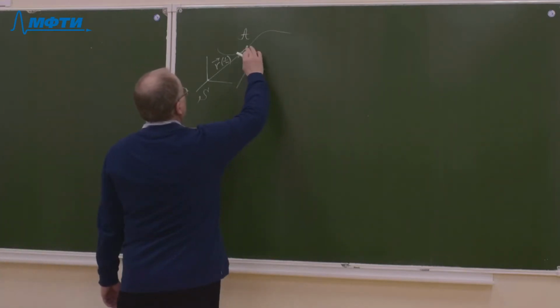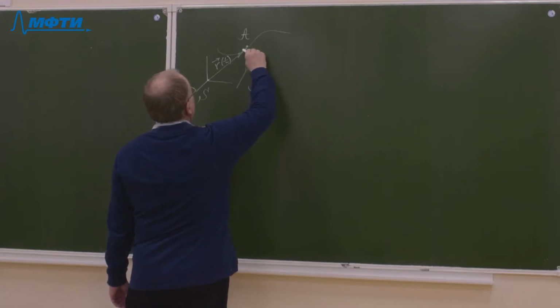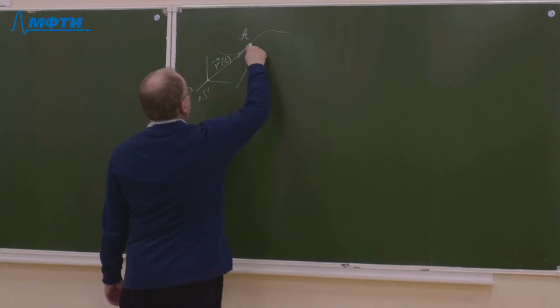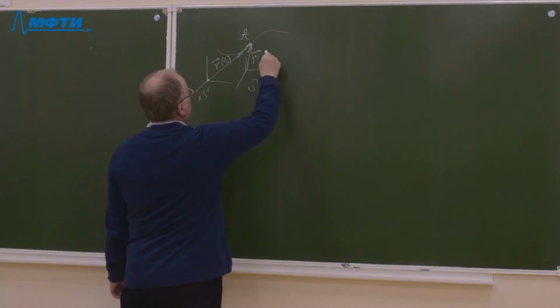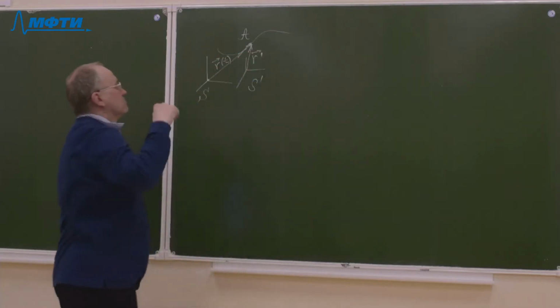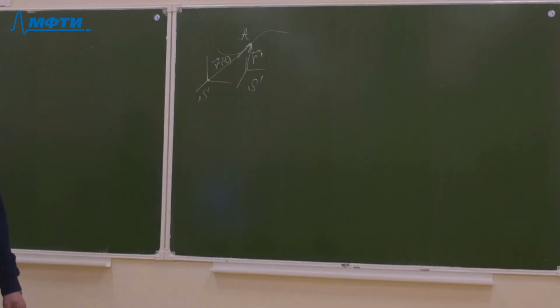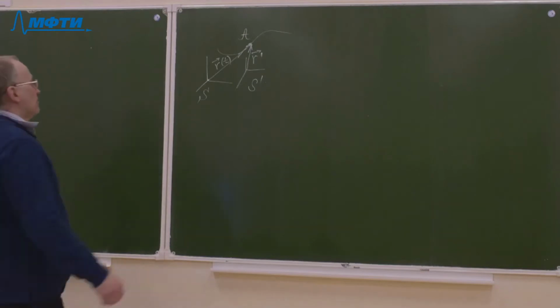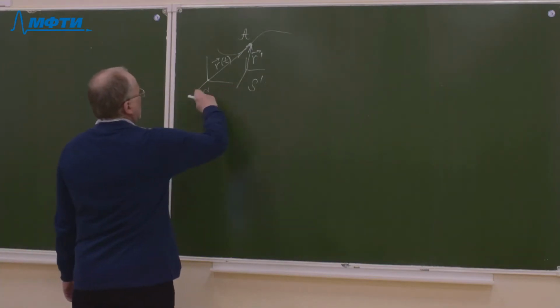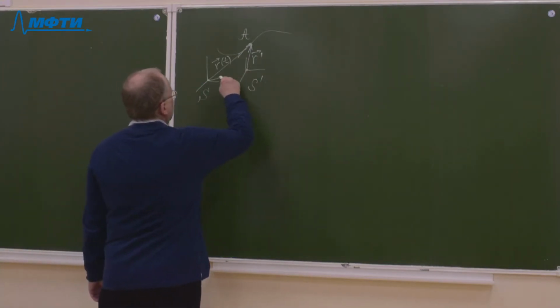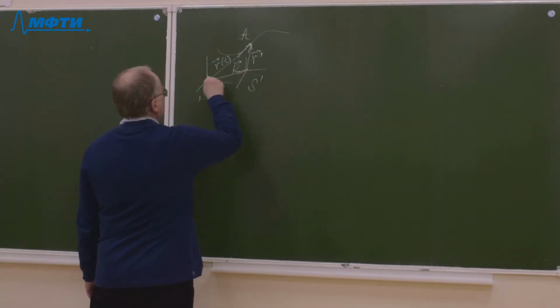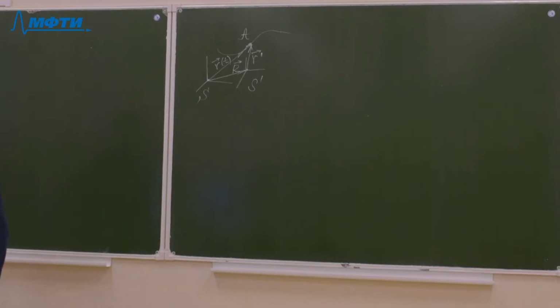And in this reference system, point A also will be described by some radius vector, which will be denoted by R prime. And the second reference system, S prime, can be described by a radius vector R with respect to the first reference system, S.